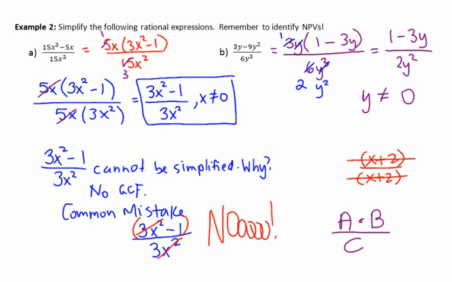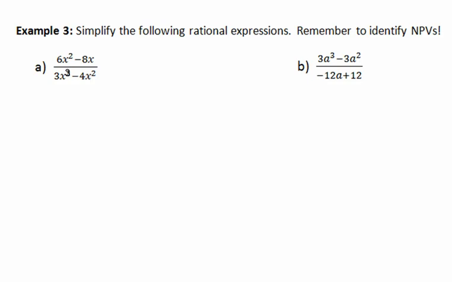Okay. Let's look at another one. Simplify the following rational expression. Do you want to try this on your own? Okay, together then. What can we divide 6x squared and negative 8x by? 2 and x. So we're going to factor out a 2x.